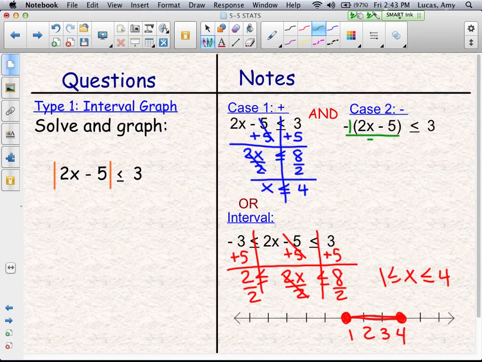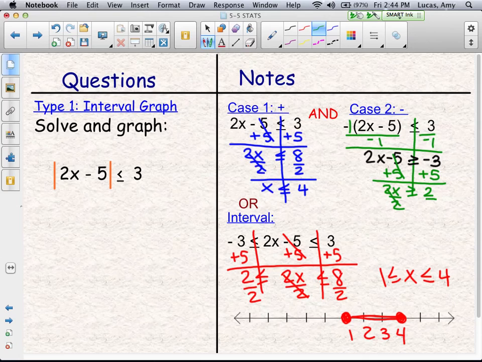So if I divide away that -1, it means that I can flip and change, so it'll be greater than or equal to -3. Solve my 2 steps. So x is greater than or equal to 1.